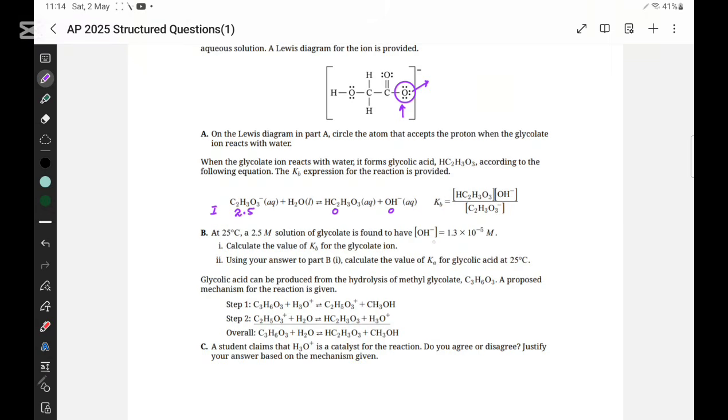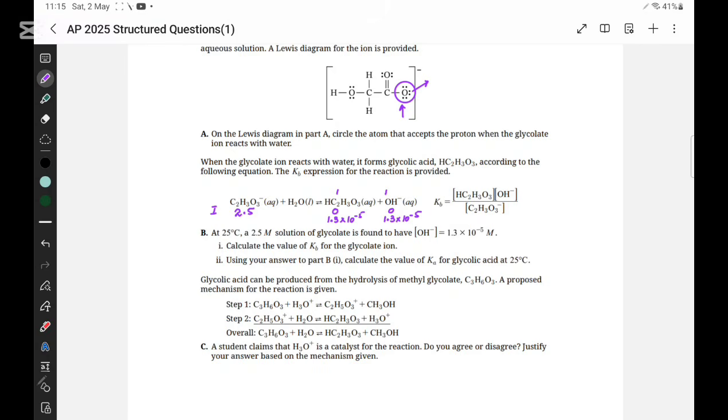Now they are saying OH ions are going to be 1.3 times 10 to the power minus 5, and as it has 1:1, this is also going to be 1.3 times 10 to the power minus 5.